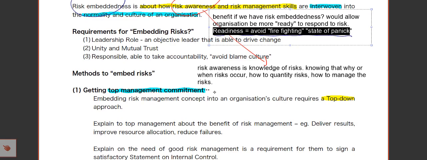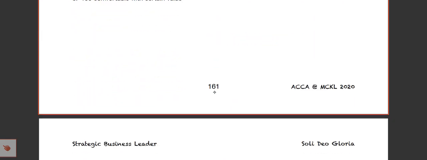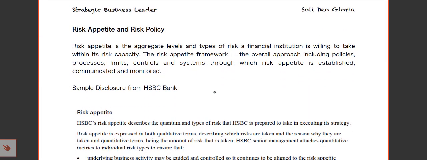Okay, let's just come to this page now. Page 162. If you are really serious about managing risk, usually the very first thing you have to do is that senior management, the top management, has to first decide or define their risk appetite. And what do you mean by risk appetite?